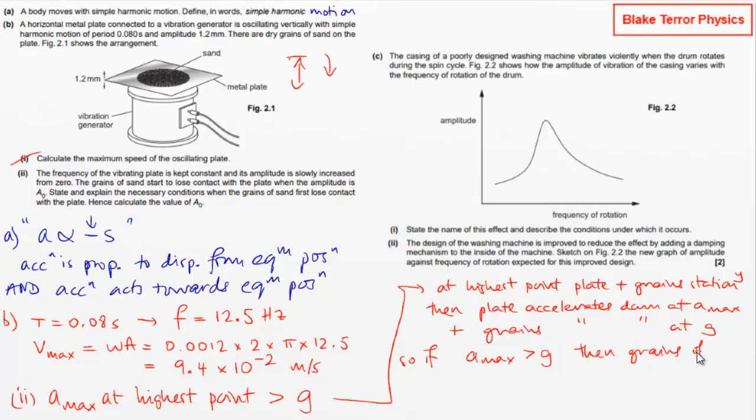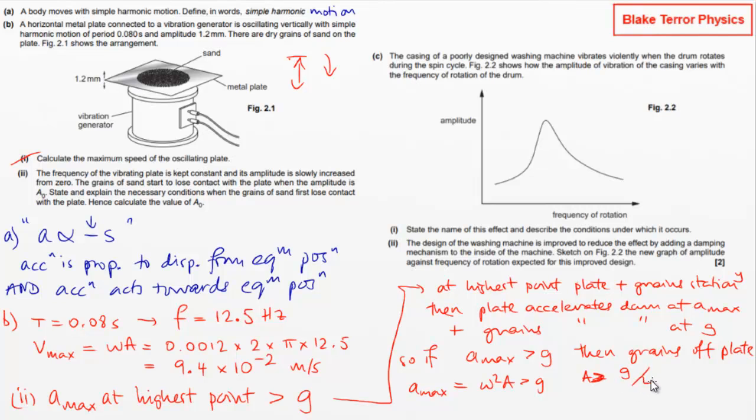And now they're asking us to work out what that is going to be. Okay, so we need a max equals omega squared A, and that has to be greater than g. So we need A to be greater than g over omega squared.